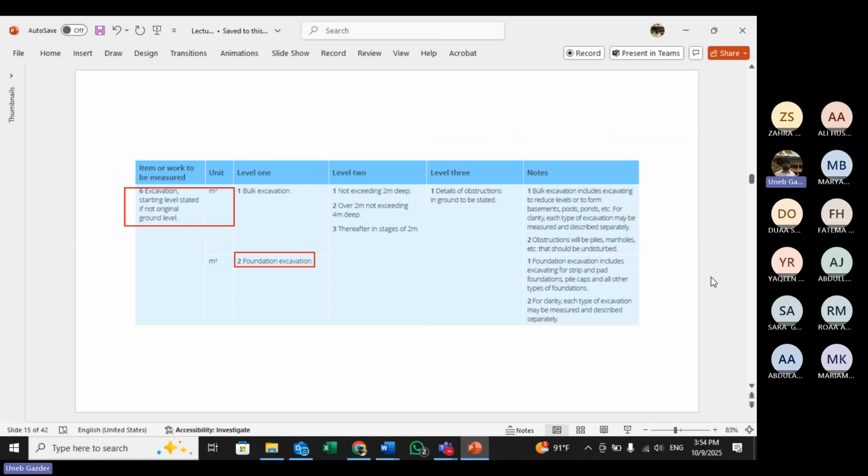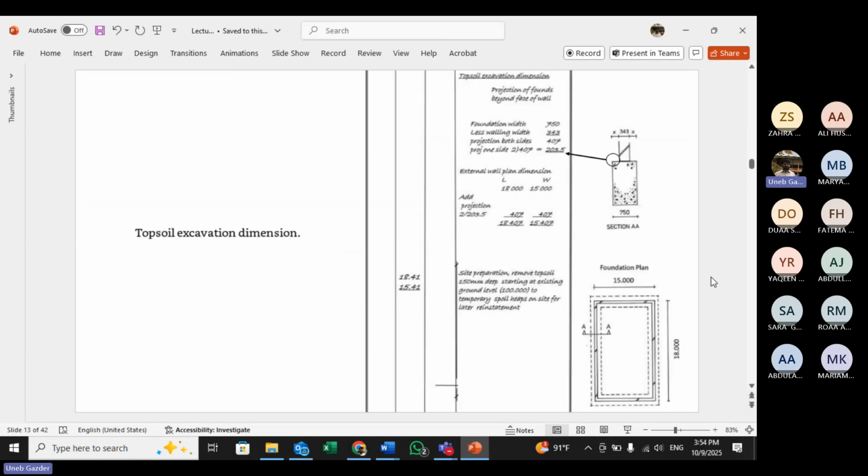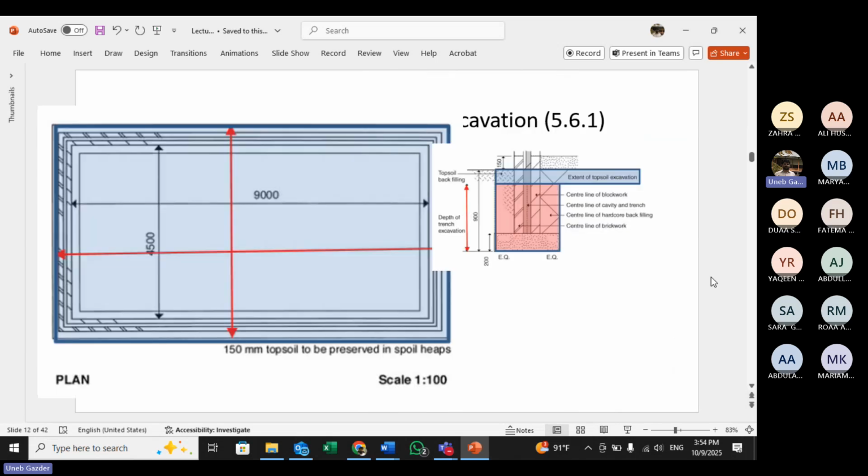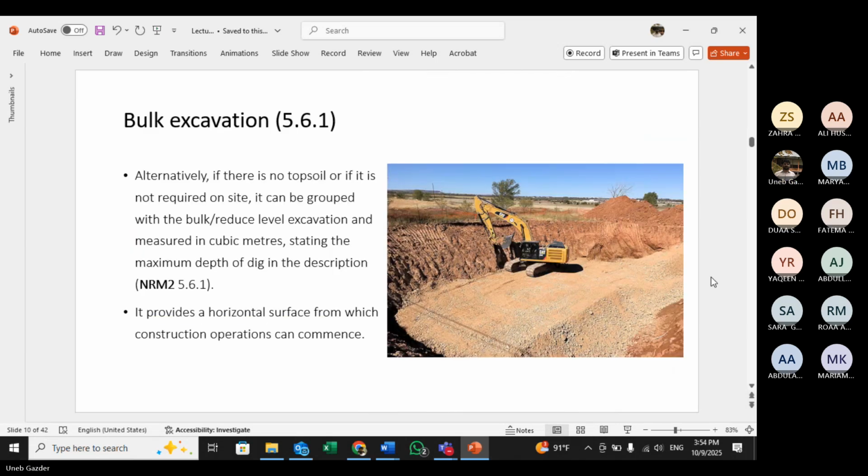But as I mentioned, then we do bulk excavation to get to the original level. So one more thing which I forgot to mention, in this case, the topsoil and the bulk excavation. Remember, bulk excavation is done to get to the required reduced level.